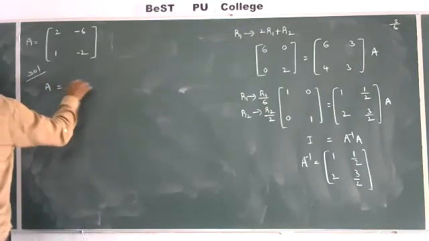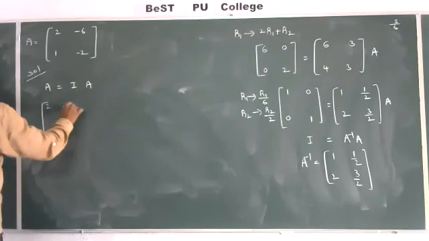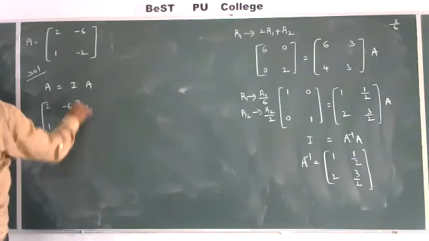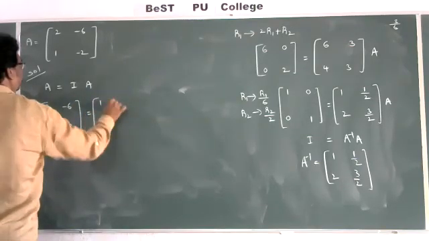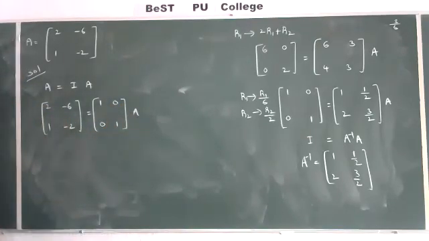A is equal to IA. 2 minus 6, 1 minus 2 is equal to 1 0 0 1 into A. Here you make this element 0 first. Multiplying 2 with this element, you get 2. 2 minus 2 you get 0.